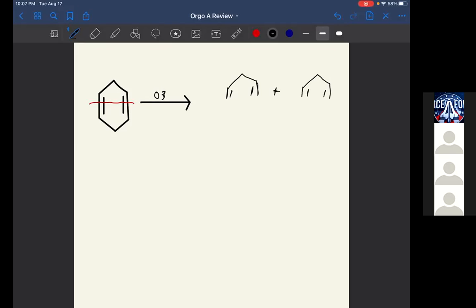And if it's more complex, you label this: 1, 2, 3, 4, 5. Then on this side, you have 1, 2, 3, 4, 5. And that's how you check to make sure that you split it properly. But yeah, that's everything. I left out spectroscopy and NMR because I didn't see it on the syllabus.